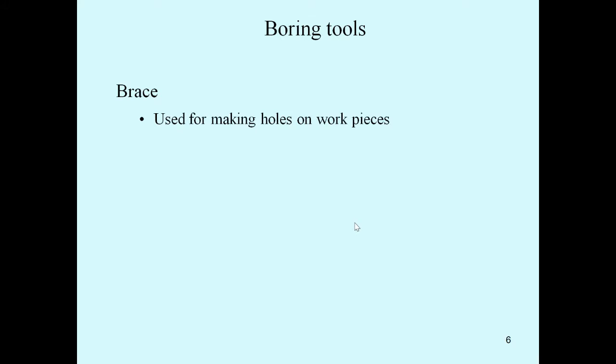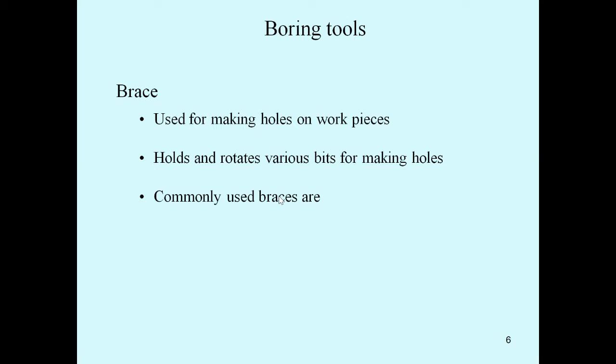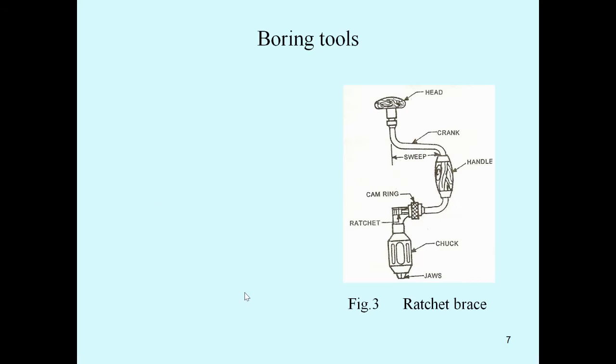The next one is the brace. The brace is used for making holes in woodwork pieces. It holds and rotates various bits for making holes. The brace is a holder which holds the bits and rotates them for making holes. Commonly used braces are the ratchet brace and wheel brace. We can see the diagram of a ratchet brace.